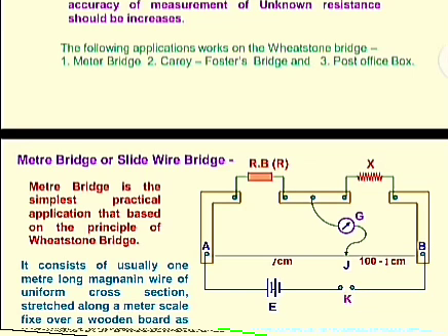If the deflection in the galvanometer is obtained on both sides, left and right, it means the circuit is correct, and between these two points there is a point at which the galvanometer shows zero deflection. Find the position of that zero deflection point, called the null point, and measure the balancing length from point A.